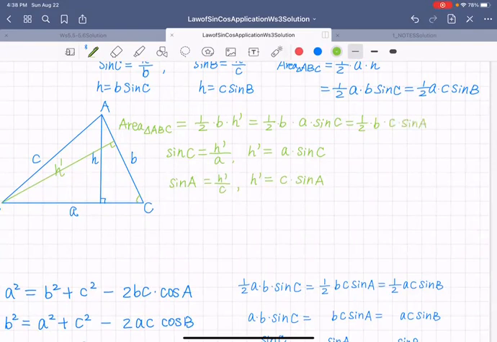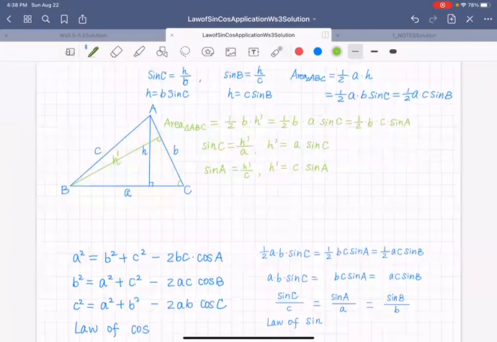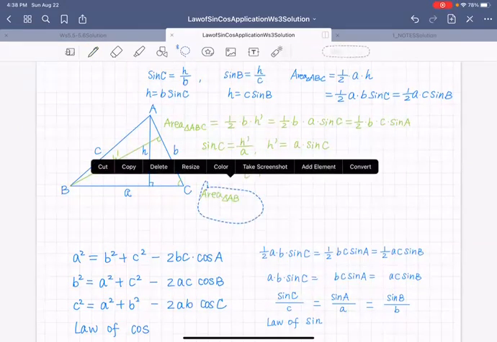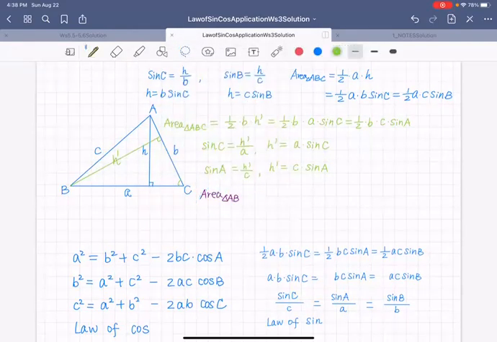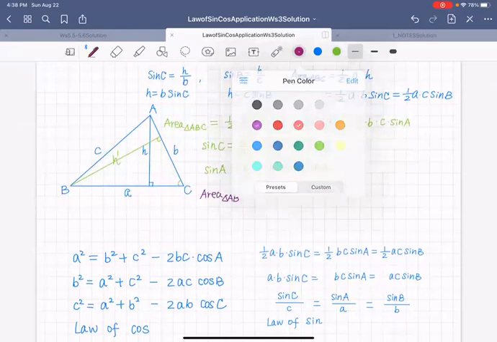All right. So the area can be equal. It's the same triangle, so all of them can be equal. So we are going to change this totally with a purple color, and we can write down all these equations together.